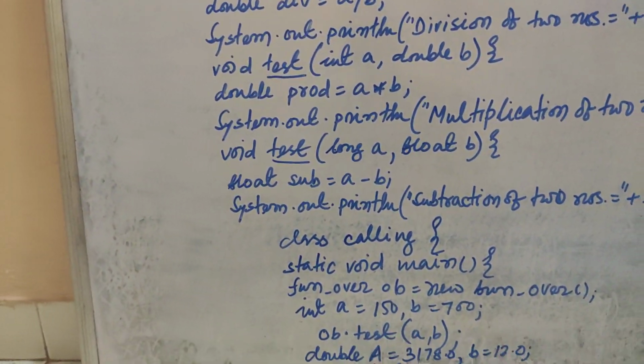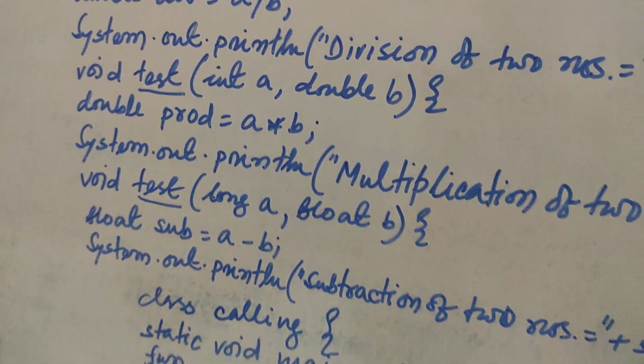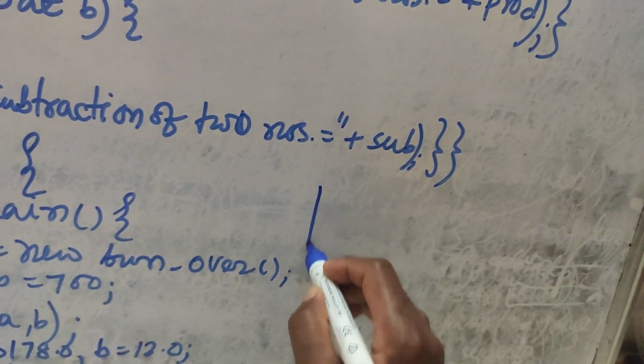Now the third one, if I want to call: the data types are int double.